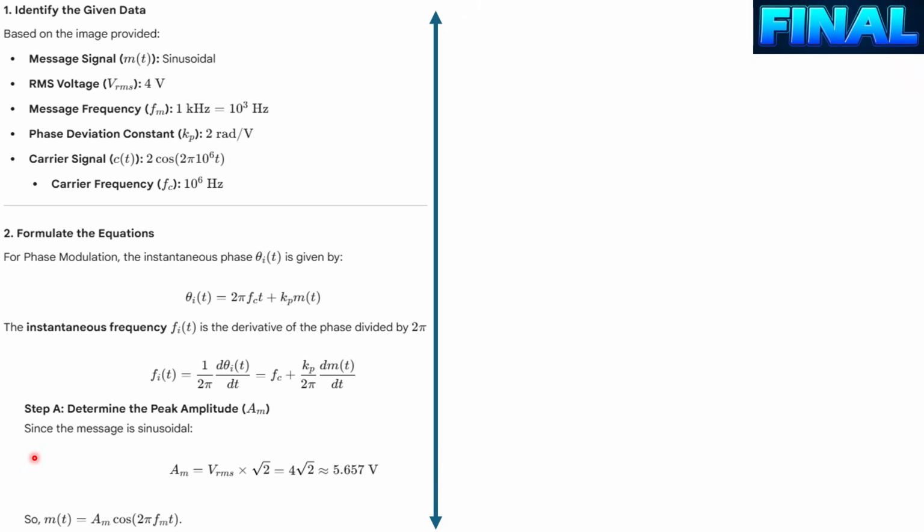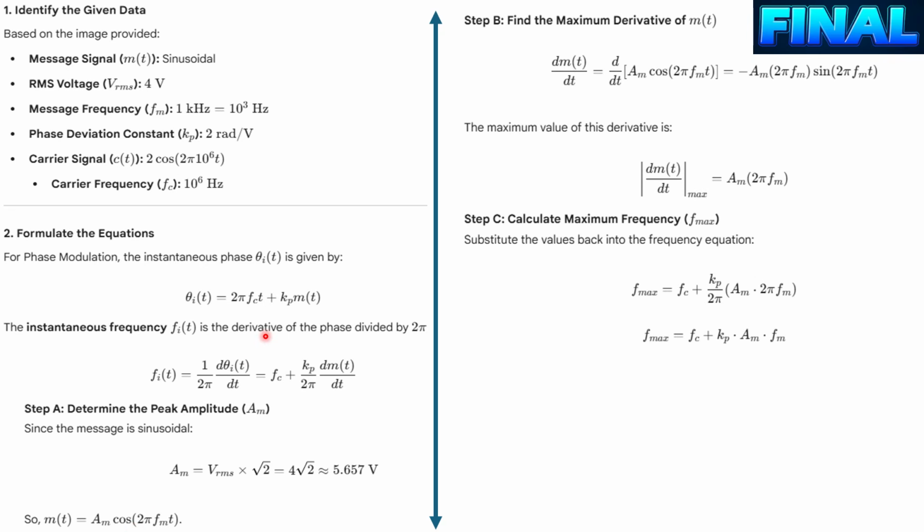Here we can also find the peak amplitude, because we are going to formulate m of t. Peak amplitude we can find using the VRMS into square root of 2. Because m of t is Am cos omega m t, we take d of m by dt.